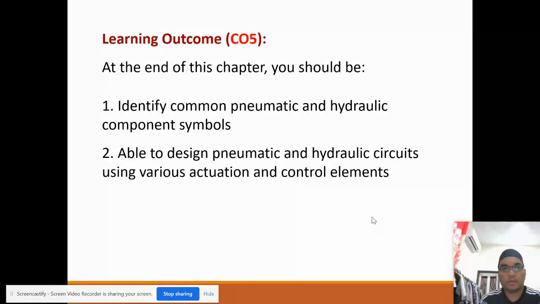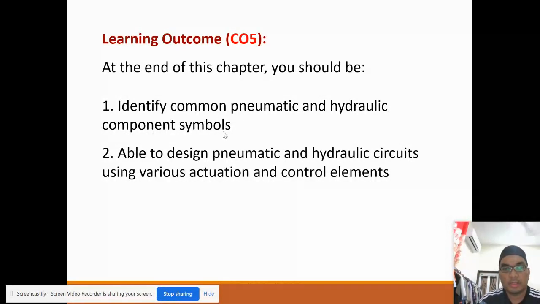For this chapter, it covers CO5, as briefed by Prof. Zahurin before this. At the end of this chapter you should be able to, firstly, identify the common pneumatic and hydraulic component symbols.